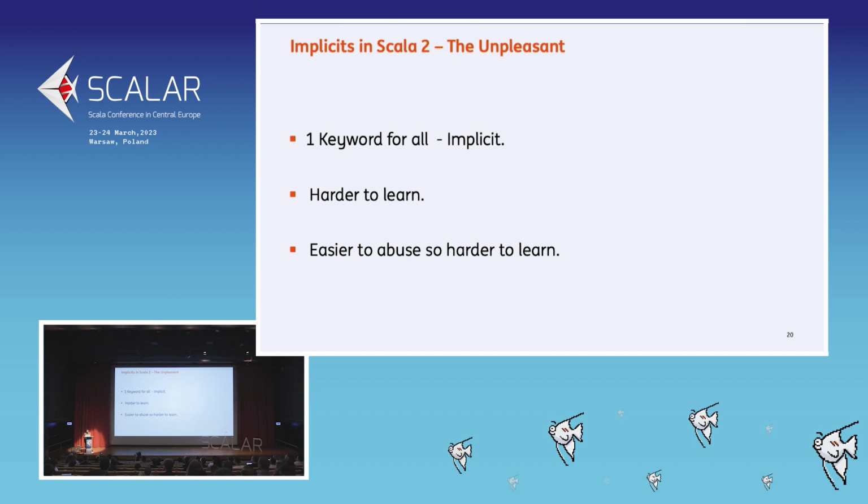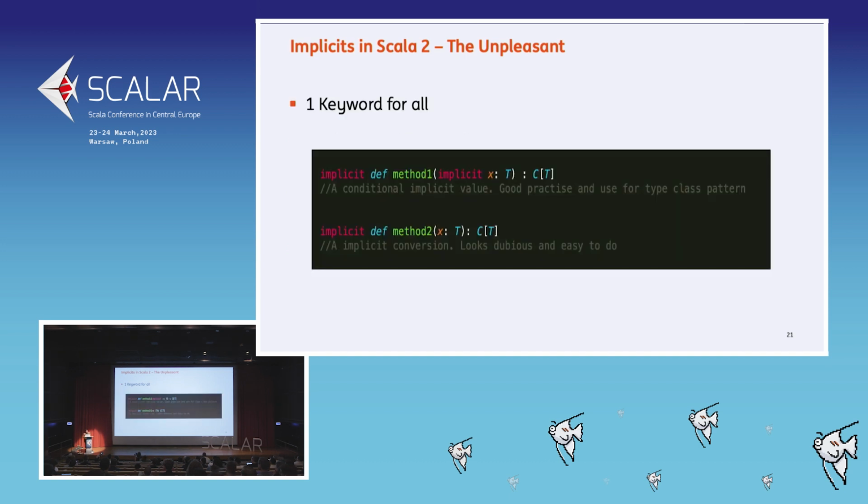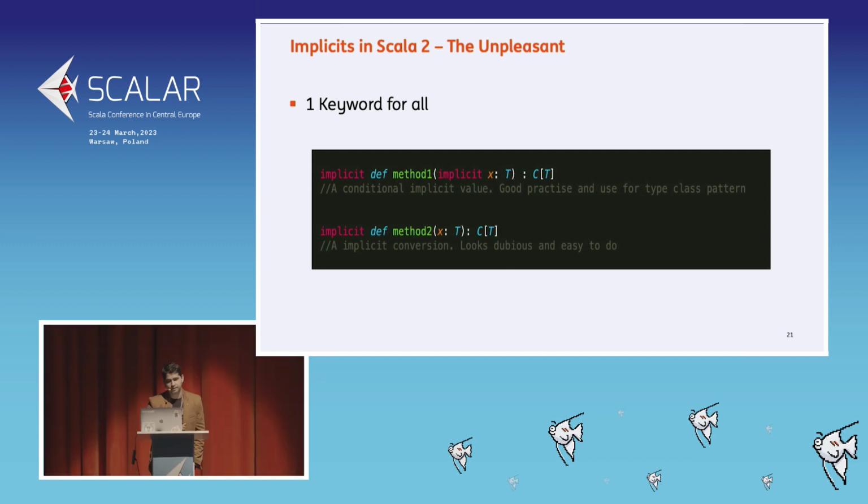And because it was so controversial and so unpleasant, there is an example just to highlight that difficult learning curve. There are two methods here, method 1 and 2. The first method takes a conditional implicit value. It's a good practice, and it is used for the type class pattern. Method 2 is an implicit conversion.